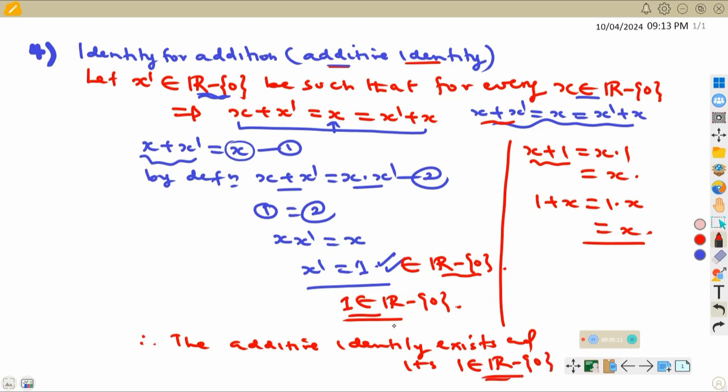So an additive identity exists within this set, so that property will be satisfied. So that is for additive identity. Then we can look at the next property as well.